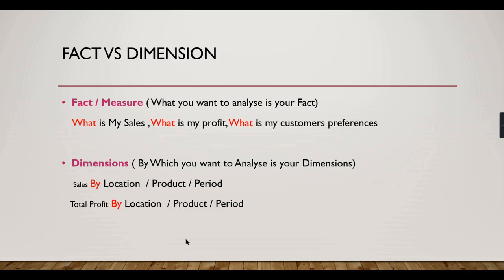This is what fact and dimension are all about. So we have one fact table surrounded by different dimensions. That is the ultimate aim of building a data warehouse for each subject area. Let us try to understand more about it.